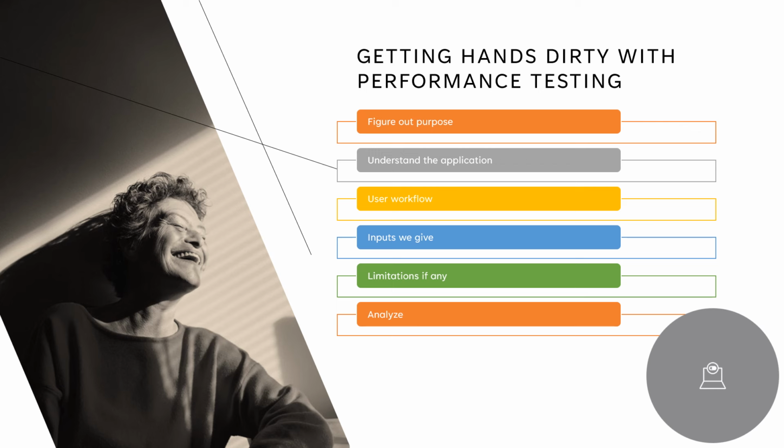Or maybe we are getting complaints from current users that our system is slow. Or maybe there is a study which says our application should load within so many seconds, otherwise people will not be that interested. Multiple reasons might be there.